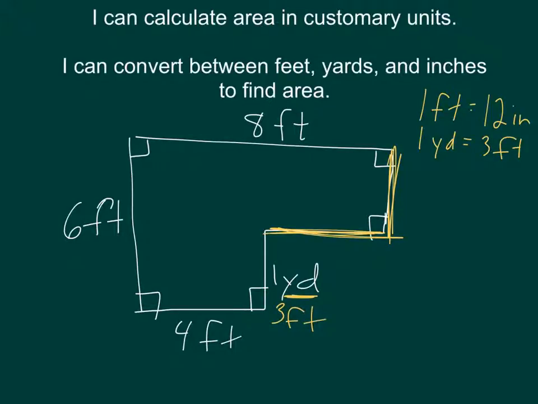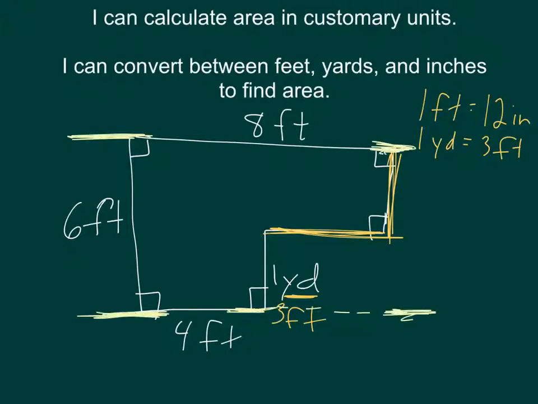The next thing I'm going to do is figure out what the missing sides are. And I know that these are right angles, so this distance from here to here is 6 feet, which is going to be the same distance as from here. We'll continue this line all the way over, from here to the top up here. So that's 6 feet from here to the top.